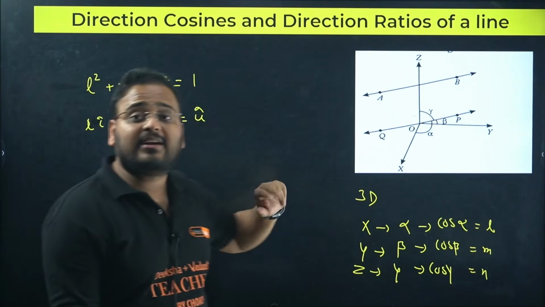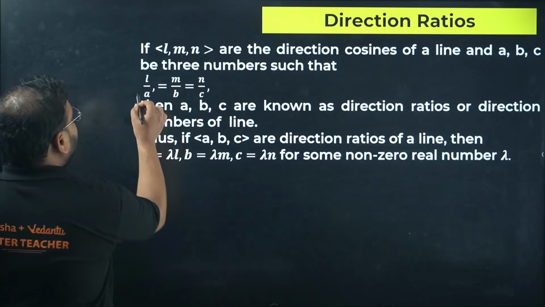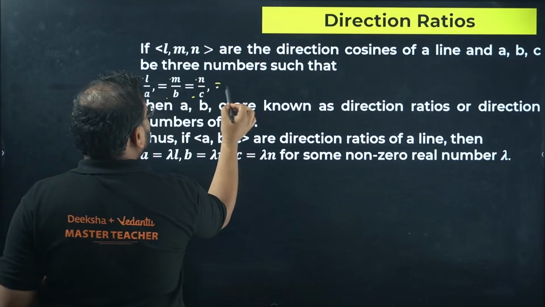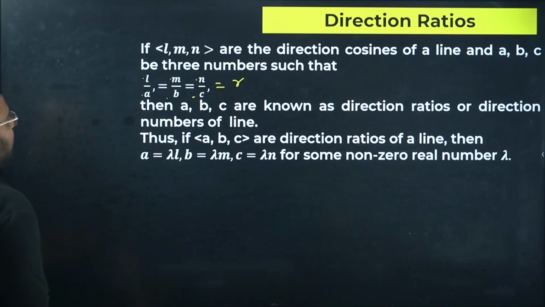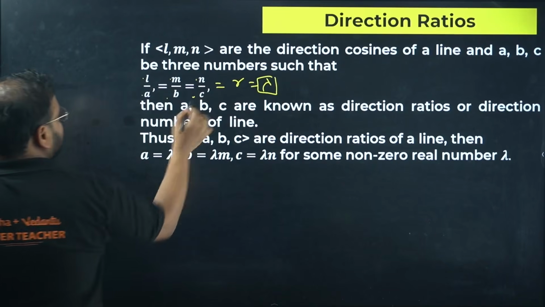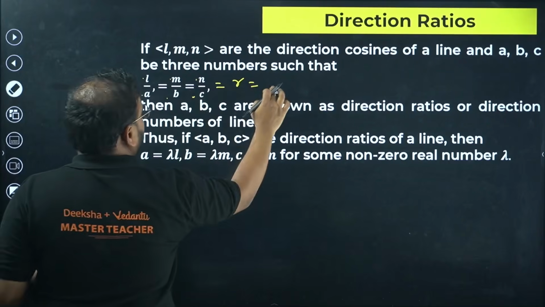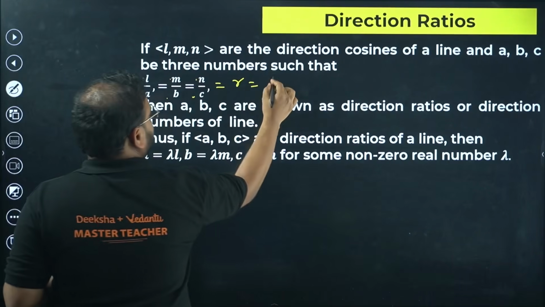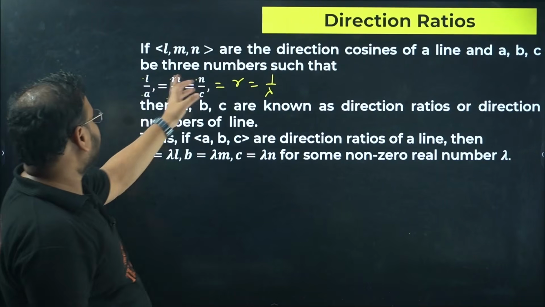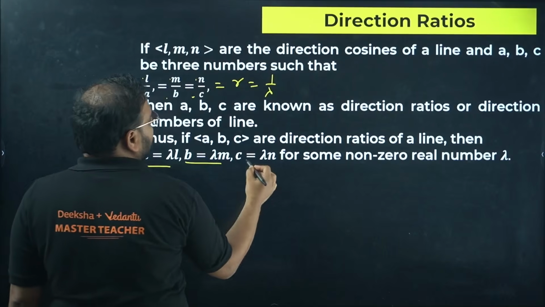Whereas if you take direction ratios, there will be a constant involved. The ratio L by A, M by B, N by C is a constant. If I take this constant to be 1 by lambda, then you can get A as lambda L, B as lambda M and C as lambda N.